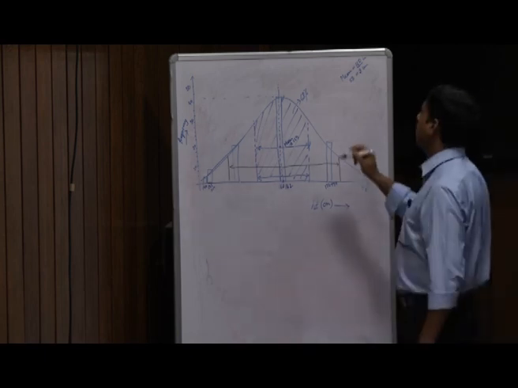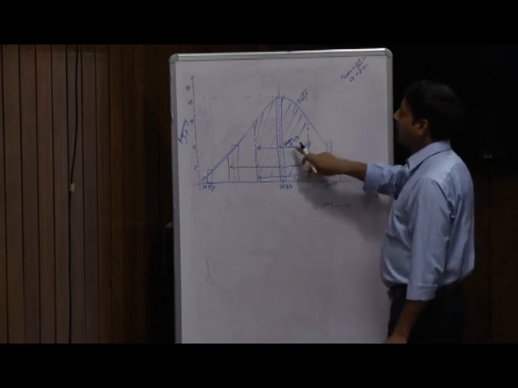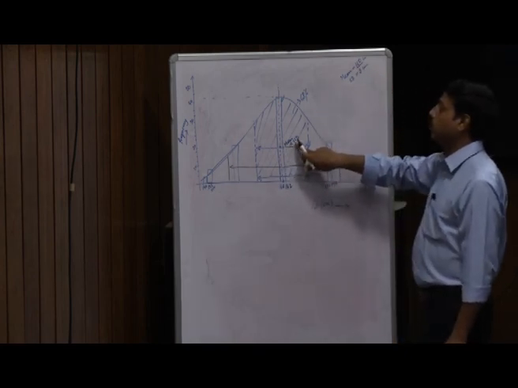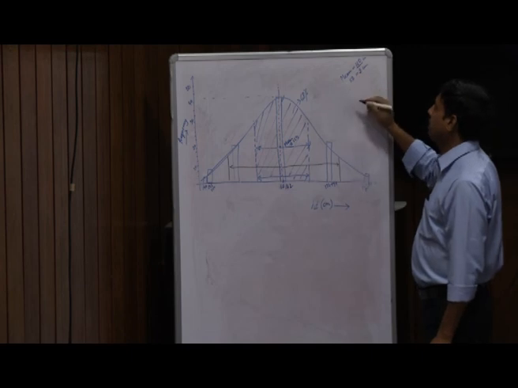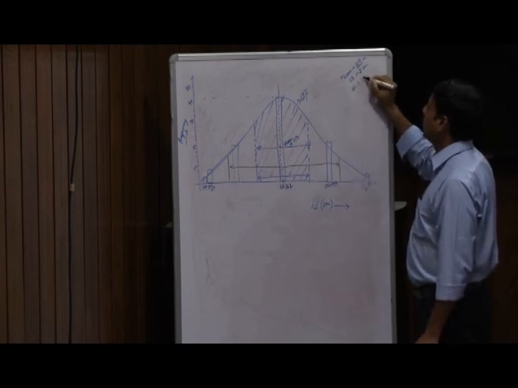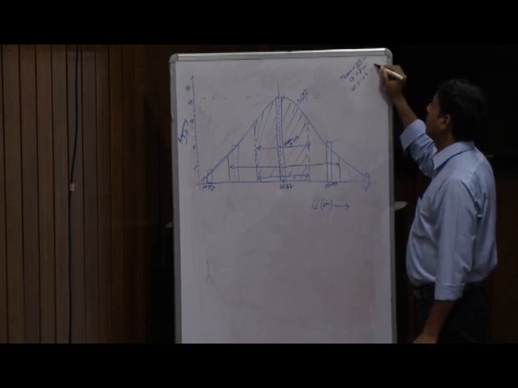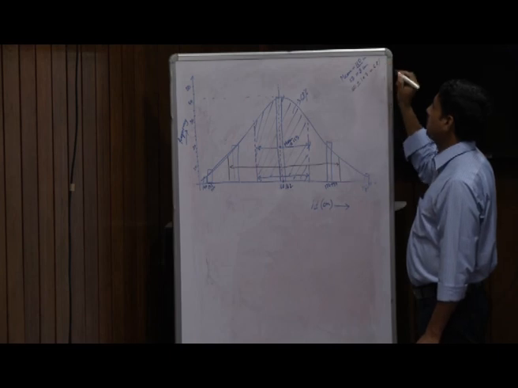So if we know the mean value 160 centimeter, from that first case mean value plus minus 1 SD, 1 into standard deviation 3. So 160 centimeter plus or minus 1 into standard deviation value 3, this actually covers 68% of the population.